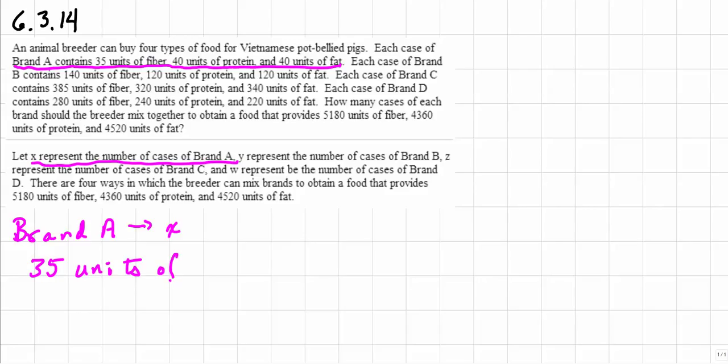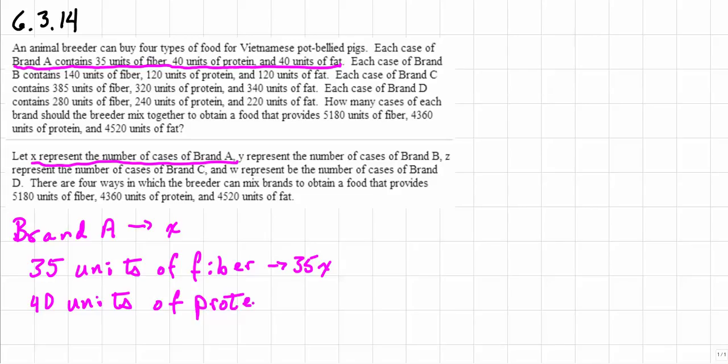Then there are 40 units of protein, represented with 40X. And finally, 40 units of fat, which we'll represent with 40X also.